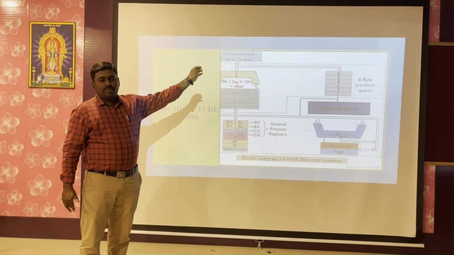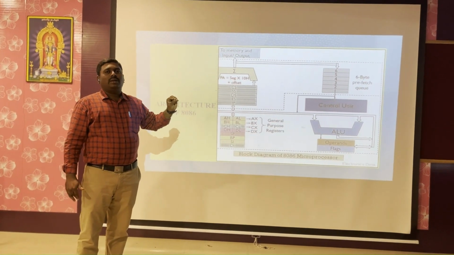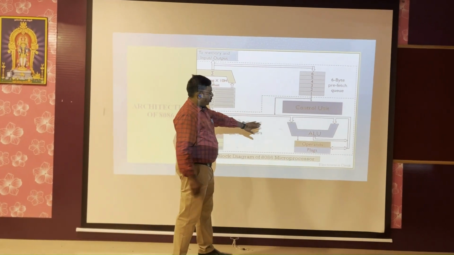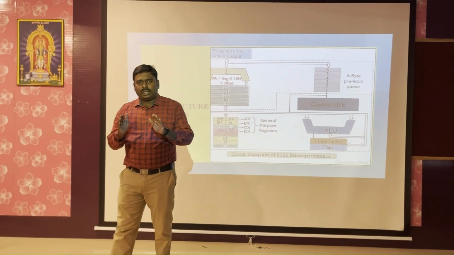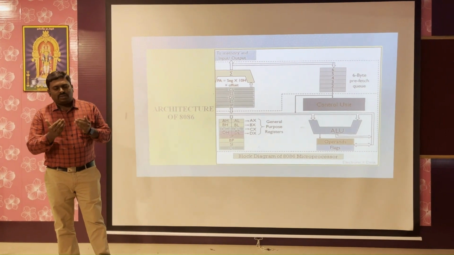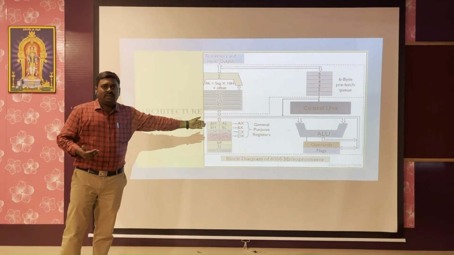From the 6-byte prefetch queue, the data is passed to the execution unit. In the execution unit we have the ALU, which performs the arithmetic and logical operations. The data is taken from the instruction queue and calculated in the ALU.